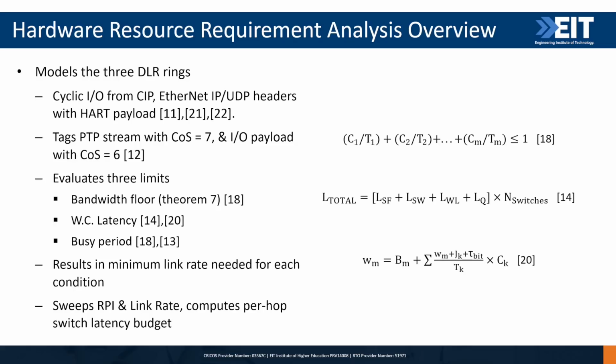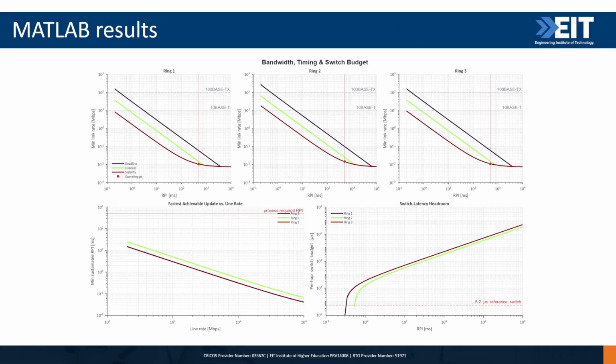The script evaluates 3 limits: bandwidth floor, where the link carries some bits per RPI of every stream; the worst case latency by combining the store and forward switch fabric and propagation time with CAN style response time analysis for queuing delay. We also saw busy period with fixed point iteration checked against the RPI and Ethernet IP connection time, and so on. We also use bisection, but I'll just get on to the results rather than further talk about the analysis.